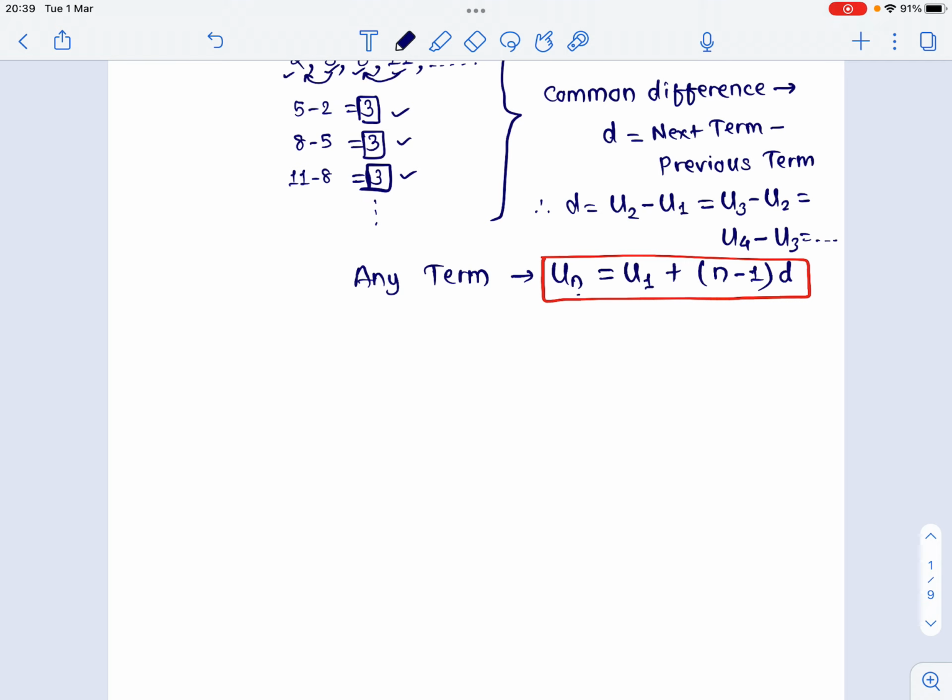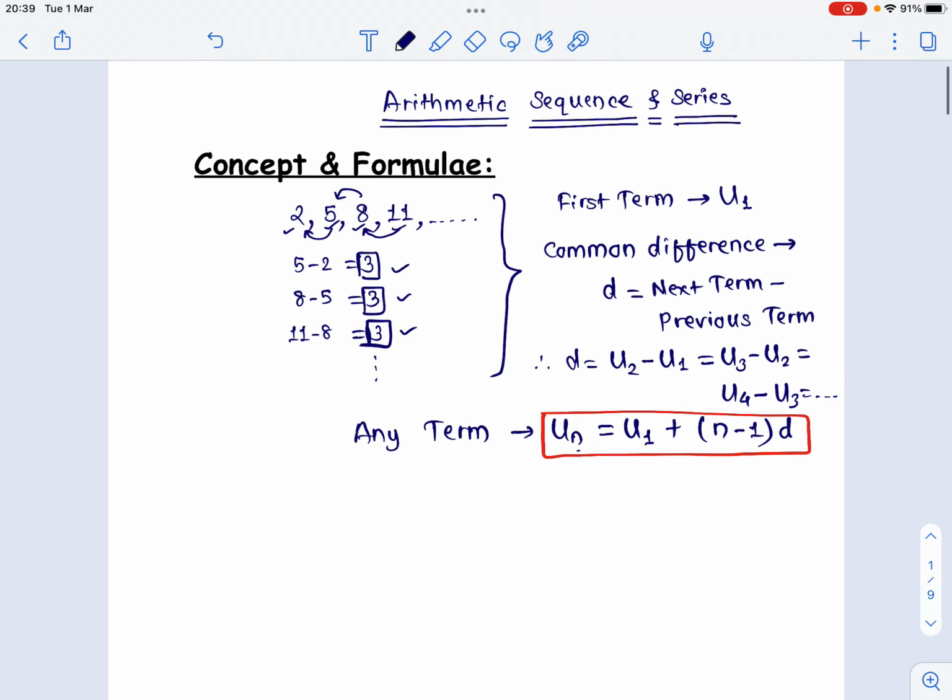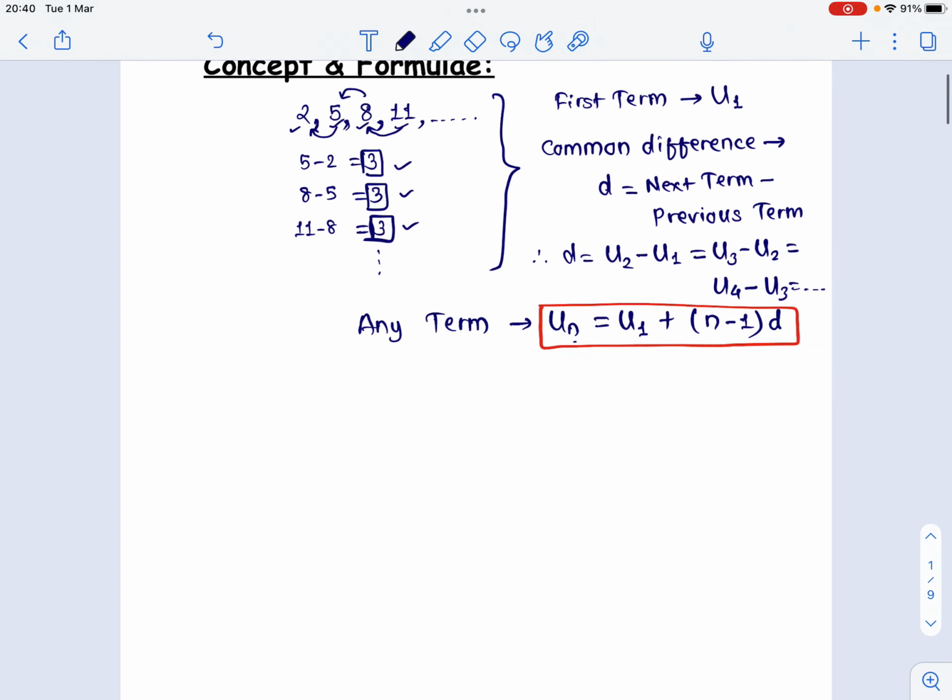Now come the last two formulae, called the addition formulae. There you can find the difference between sequence and series. When you see a sequence, every next term is shown with a comma between them. The same sequence, if I am writing with addition or subtraction in between them, is called a series.